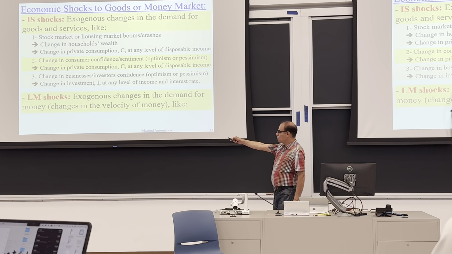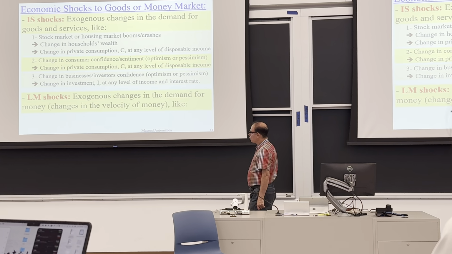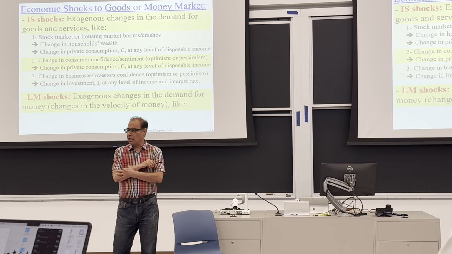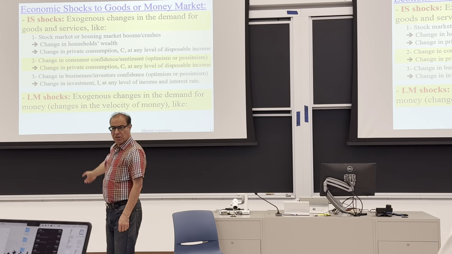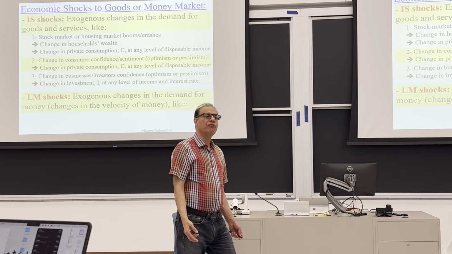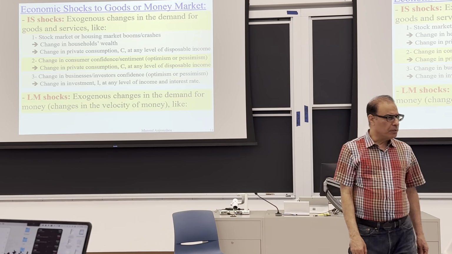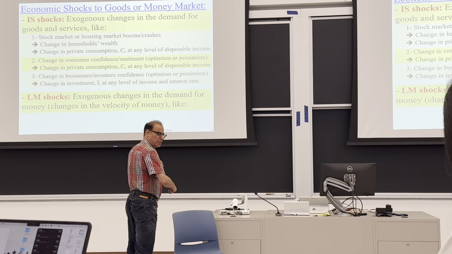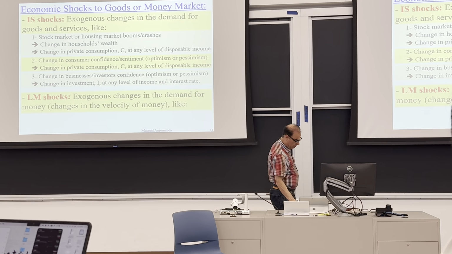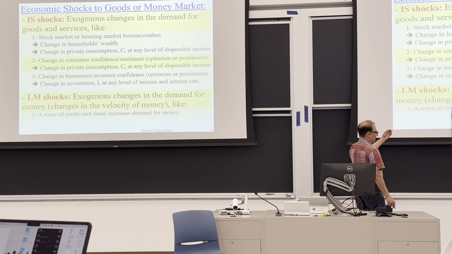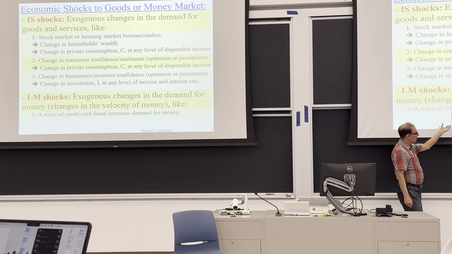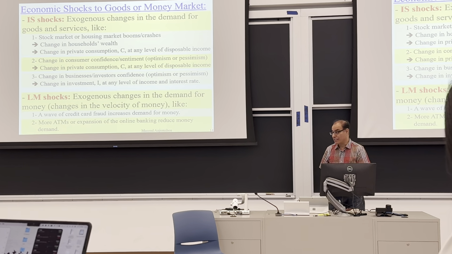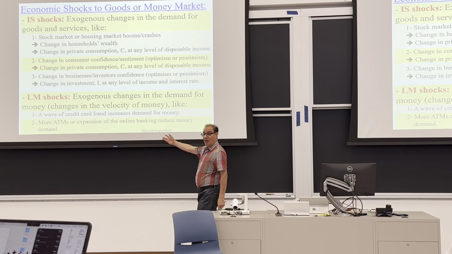And also shocks to the LM curve. The most popular shock in the money market goes back to a change in the demand for money. So demand for money changes. We talked about this before. You remember that? So the availability of credit cards, the availability of ATMs, the availability or expansion of online banking.